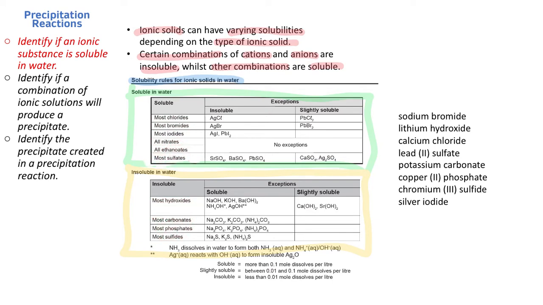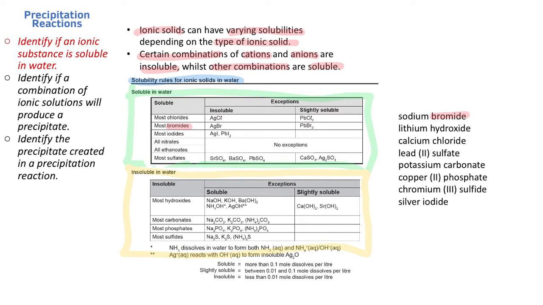So let's go through a couple of examples. Over on this side, we're looking at sodium bromide. We look at the anion, which is bromide. We look for the bromide anion in either of those two tables, and we find it in the soluble in water table.